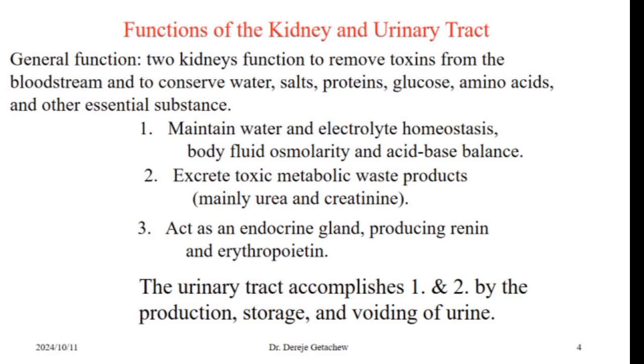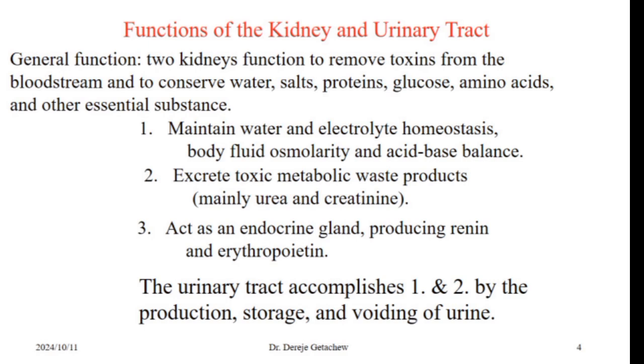So, to begin with, now we discuss the function of the kidney and urinary tract. The general function of the kidney is to remove toxins from the bloodstream and to conserve water, salt, proteins, and other essential substances. So, the kidney maintains water and electrolyte homeostasis, body fluid osmolarity, and acid-base balance.